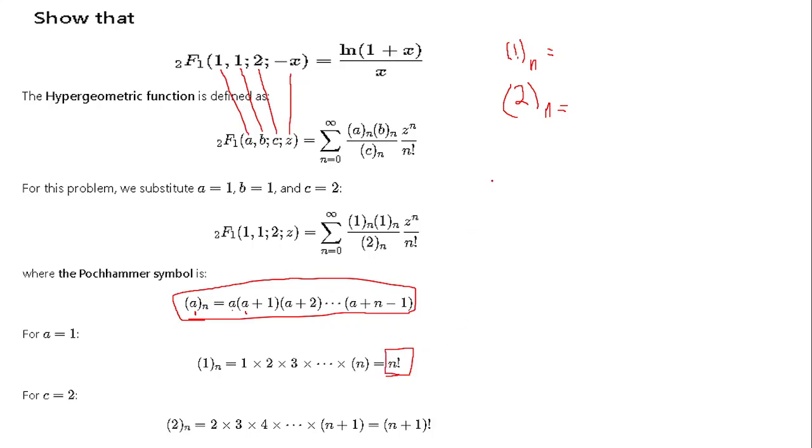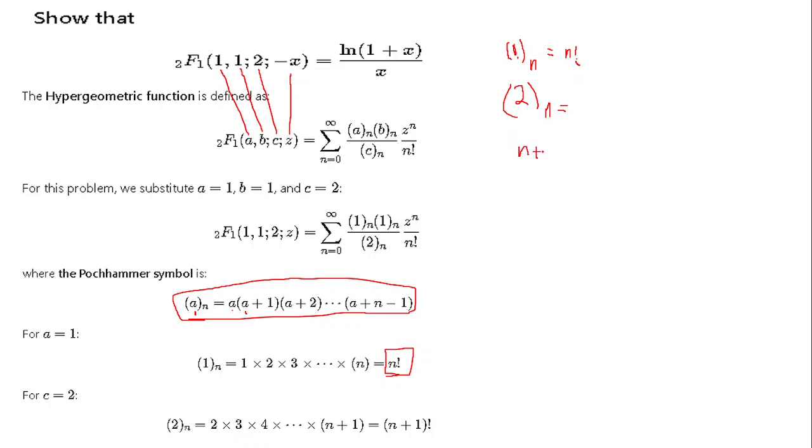So for the Pochhammer symbol, 1 of n is just equal to n factorial, right? The next thing is for the case where C is equal to 2, therefore the starting value is 2. It implies that you have 2, 3, 4, and go on. So therefore, this is going to be what? n plus 1 factorial.